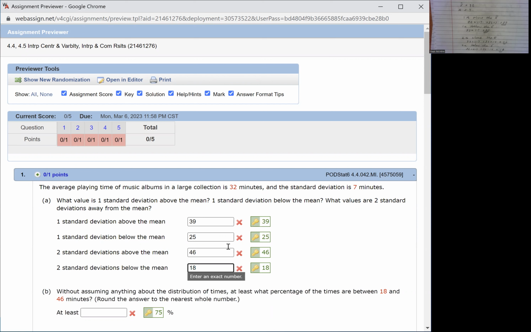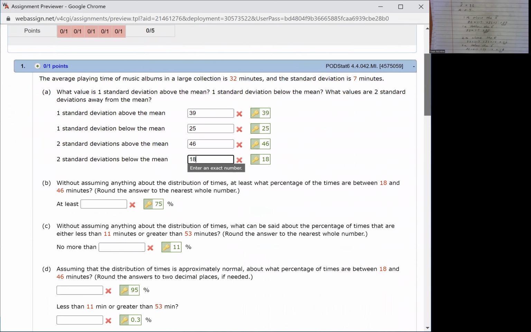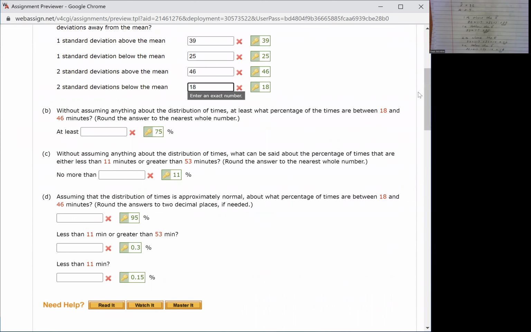Okay, now. Without assuming anything about the distribution of times, at least what percentage of the times are between 18 and 46 minutes? Well, since we're not assuming anything about the distribution, we're going to use Chebyshev's rule.